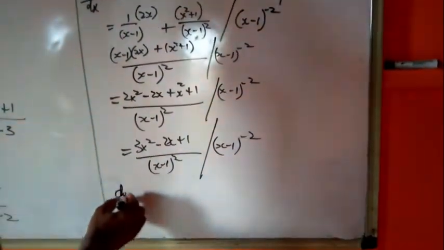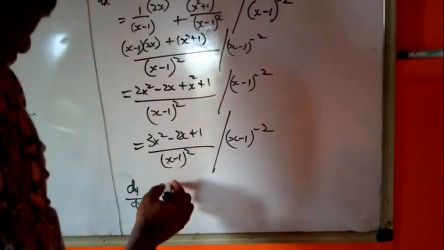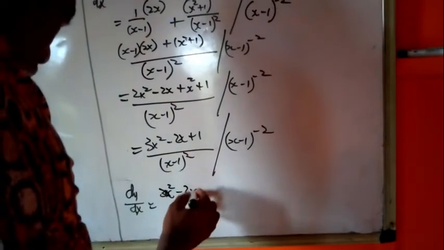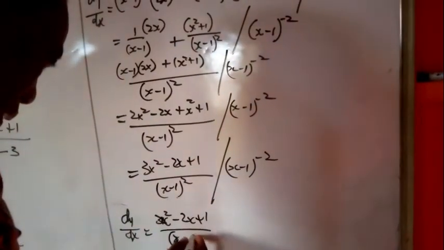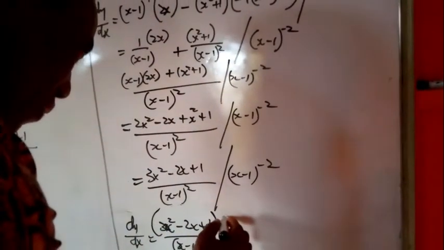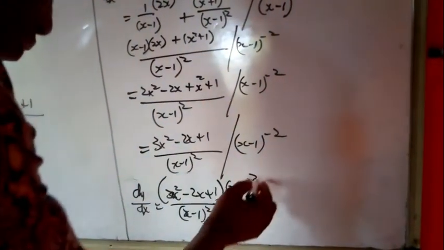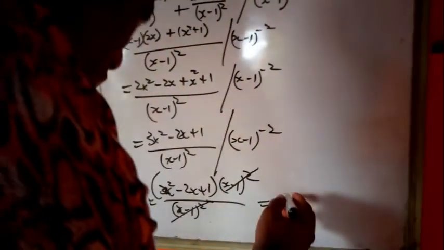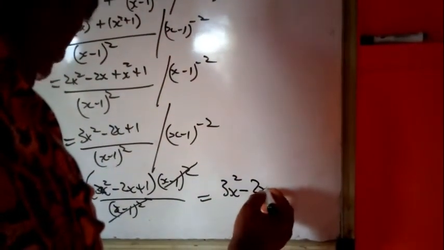So your dy dx will now give you 3x squared minus 2x plus 1 all over x minus 1 raised to power 2. Like I told you, you multiply and you have x minus 1 raised to power 2 all over 1. So this one will cancel this. So your dy dx is simply 3x squared minus 2x plus 1.